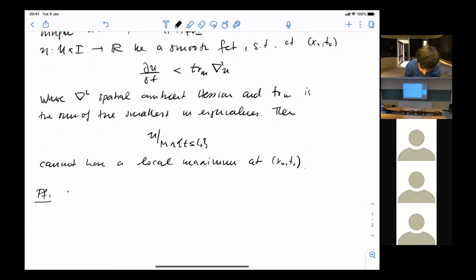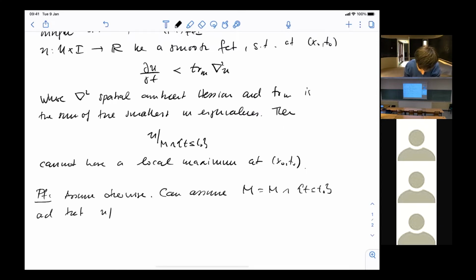So assume otherwise. So we have a local maximum there. What we can assume is that M is the same as M intersected with t less than t0. We just cut it off. And that u restricted to M has a strict local maximum at (x0, t0).